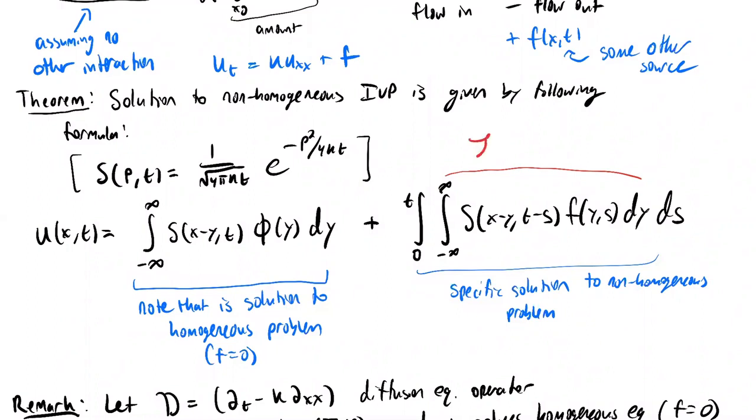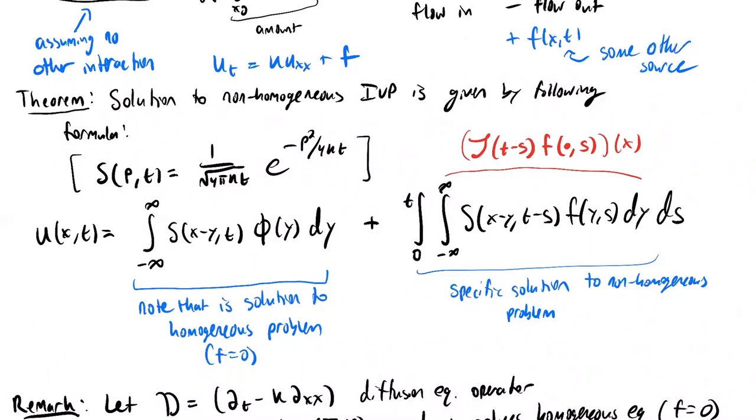So this is the solution operator at time not t, but t minus s, applied to the function f, although it may change depending on the value of s. And then this all also depends on x, right? So the solution operator shows up again, but in a slightly more complicated form in this integral.